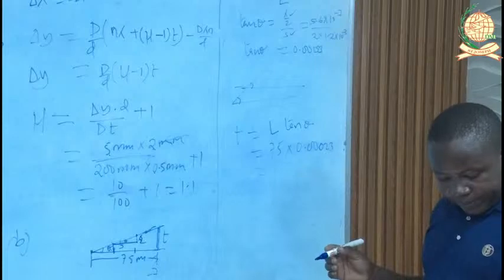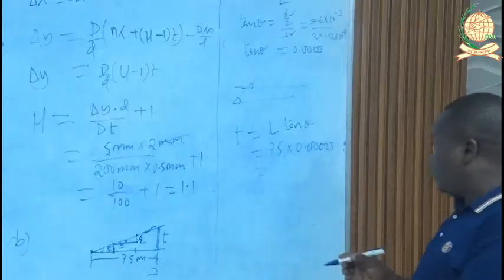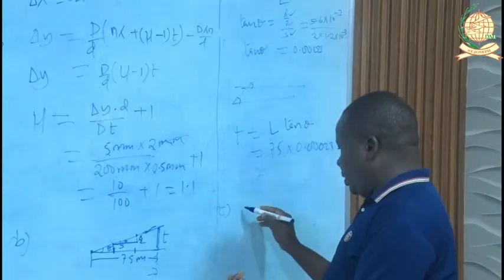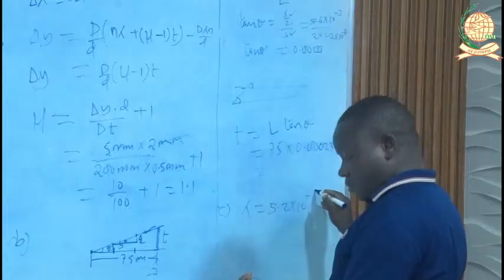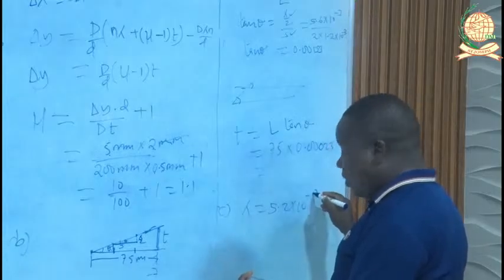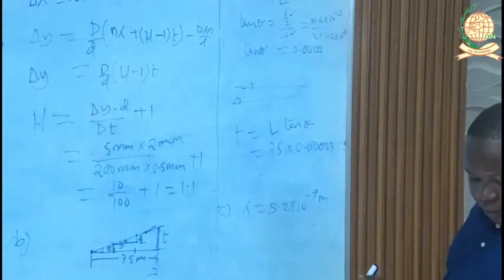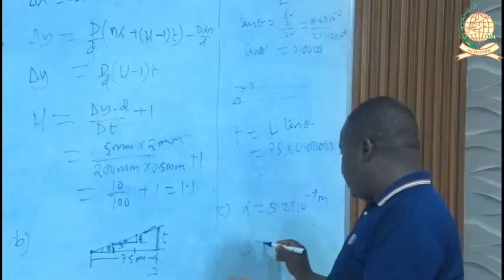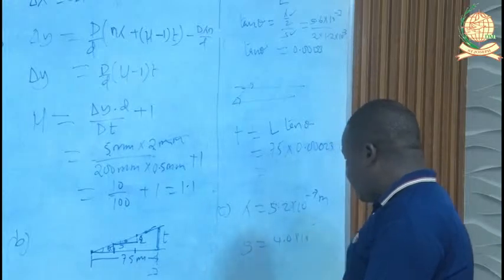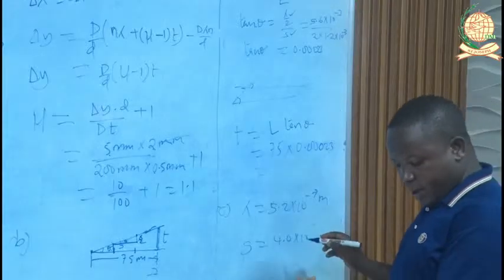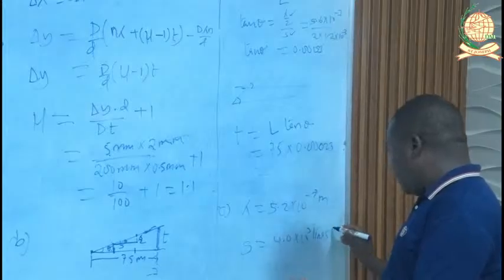Part C, monochromatic light of wavelength 5.2 times 10 negative 7 meter falls normally on a grating which has G, the grating, equal to 4.0 times 10 exponent 3 lines per centimeter.